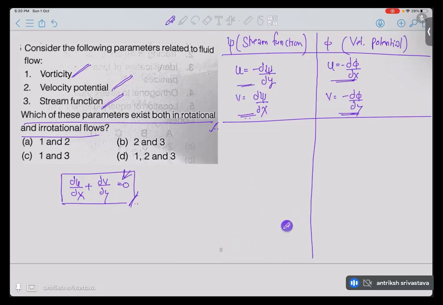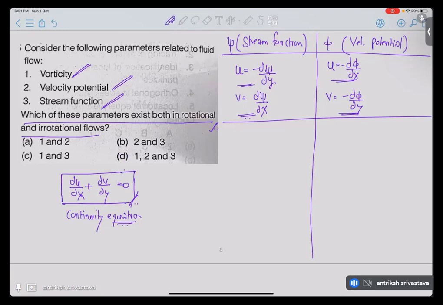If the flow has to exist, it has to follow the continuity equation. Look at it carefully: ∂u/∂x plus ∂v/∂y equal to 0.